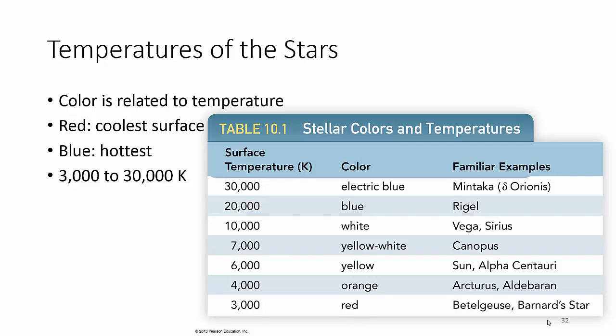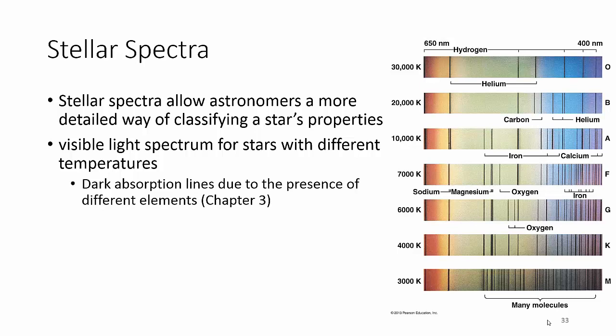So we've talked about this before, absorption and emission lines, right? And how you can tell what elements are in which star based on these lines. Chapter 3. However, you can also use these to tell its temperature.